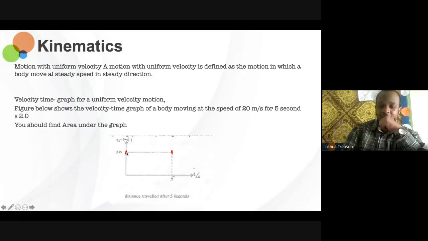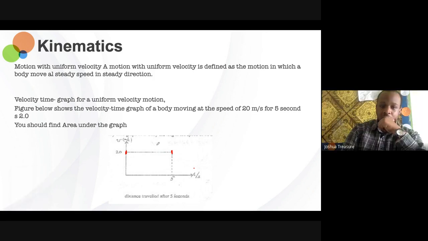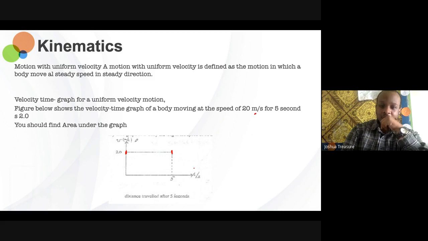So, what is the value of the velocity here that this object is moving? 20 meters per second.